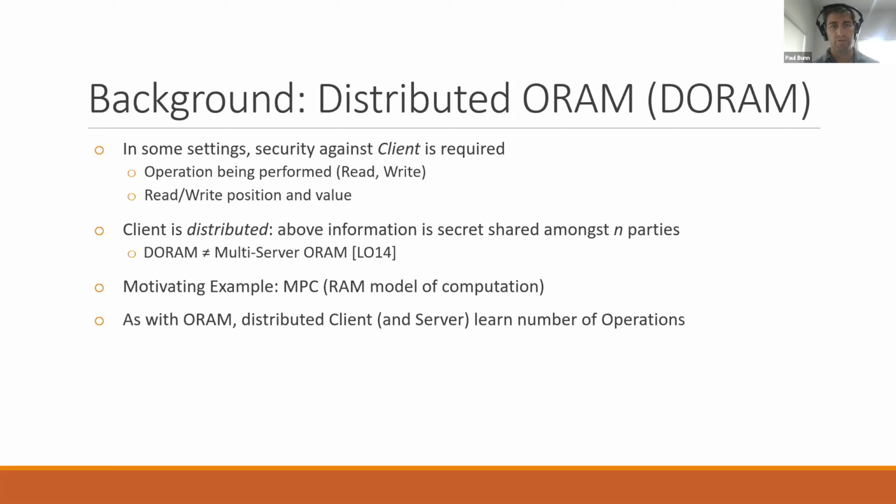And so DORAM is motivated by MPC in the RAM model of computation, where you want a collection of parties performing MPC, and each one is not allowed to know the actual operations. So we obfuscate that information from these parties by distributing the client and then running the underlying ORAM protocol.